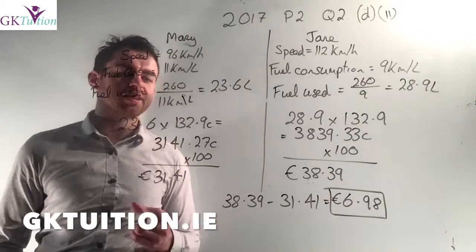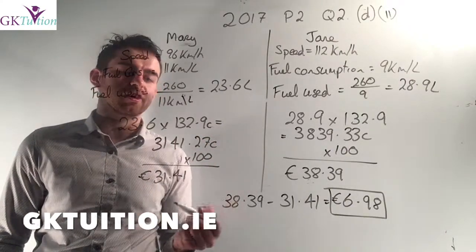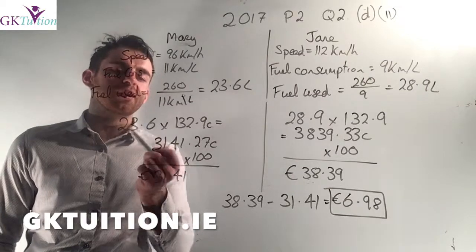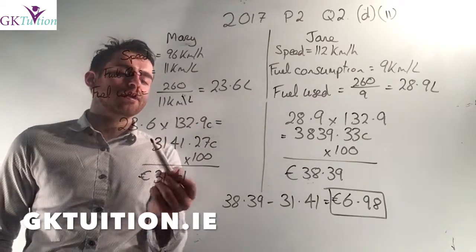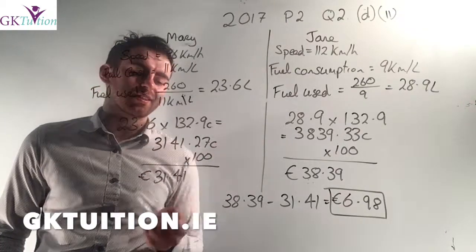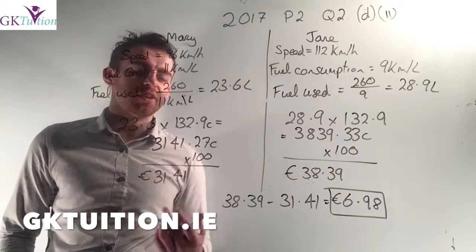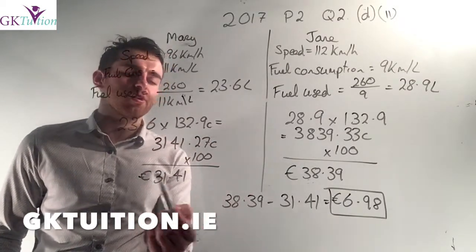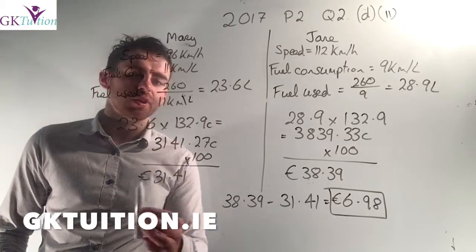And at the start of part D, it told me that it costs 132.9 cents per litre. So if I multiply 23.6 litres by that, it's going to cost her 3,141.27 cents. I obviously shouldn't leave this answer in cents. I want to leave that in euros. So if I divide that by 100 to the nearest cent, that means it's going to cost Mary €31.41.